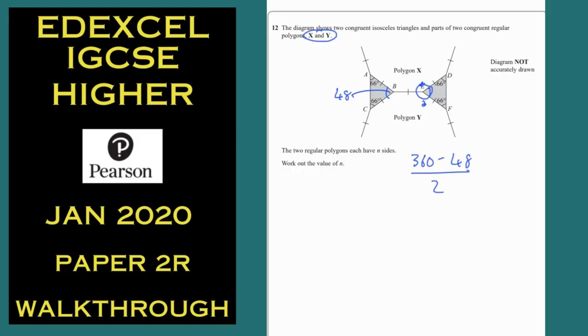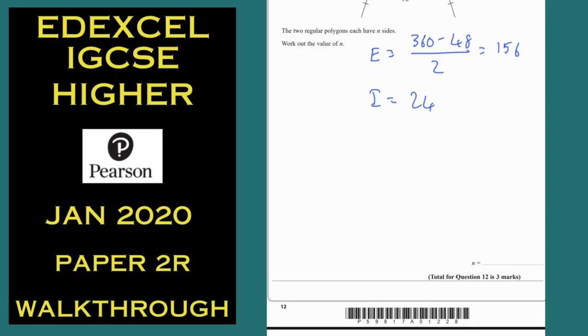So we divide it by 2. So the internal angle is 156, which makes internal and external angles make a straight line. So if that's the external angle, the internal angle is 24, and we're pretty much there.